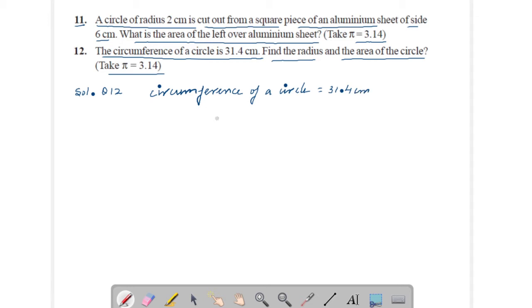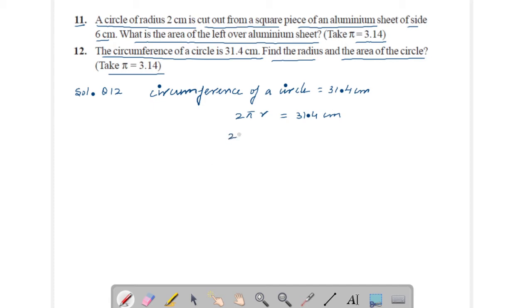How will you find circumference of circle? It is 2 pi r equal to 31.4 centimeter. Here put the value of pi and find the value of r.